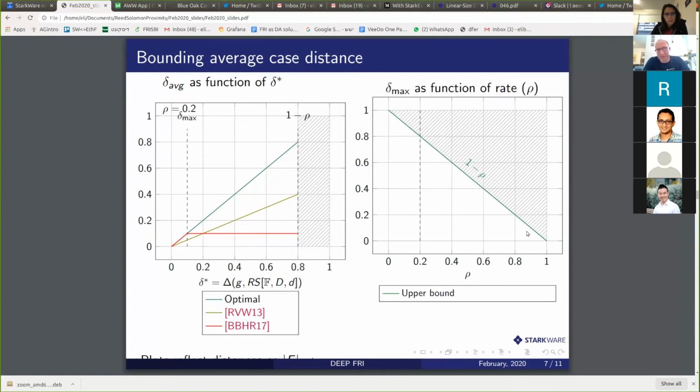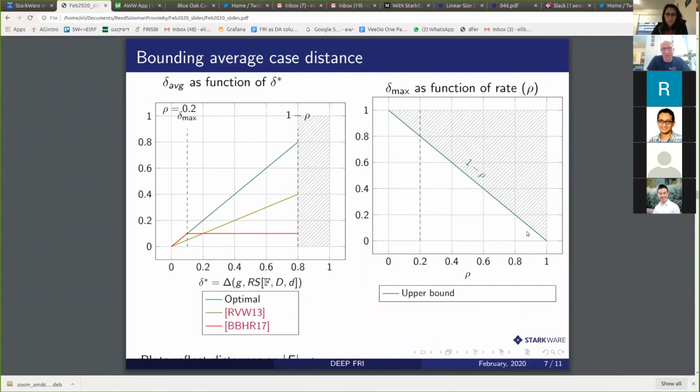And another interesting thing is to imagine what happens to your delta max, the maximal value of delta. You see there's this inflection point where the curve flattens, the red line flattens. And what we would like to do is make this delta max go up and up as much as we can. And it's especially useful to think of the case that rho goes to 0, meaning that also the maximal distance can go up to 1.